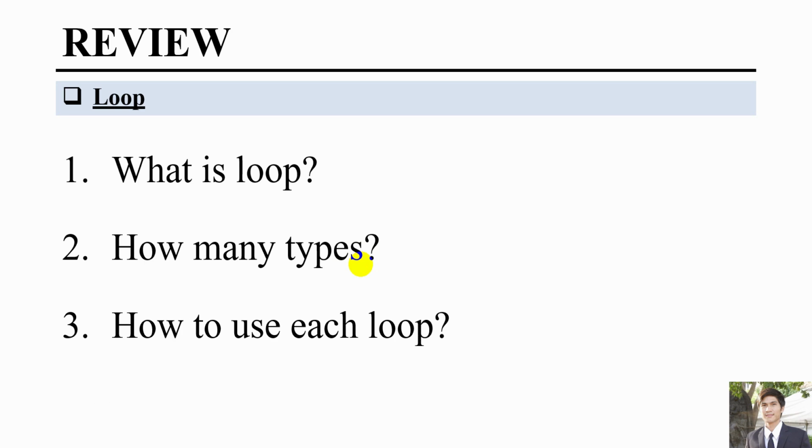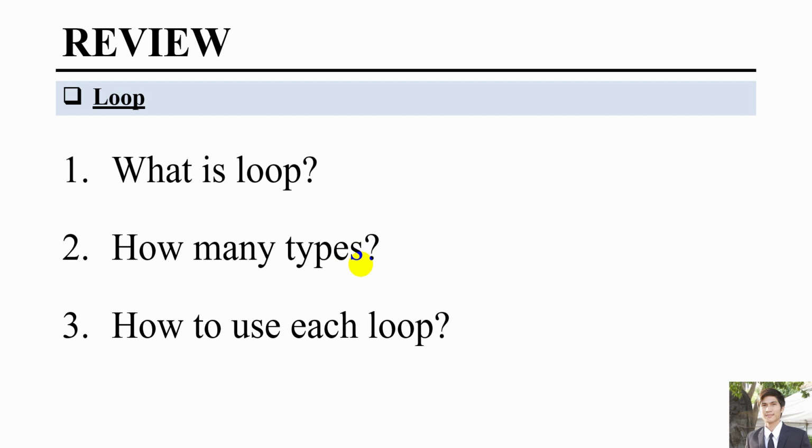So what is a loop, do you know how many types there are, and how to use each of them? A loop is used to store the command that we can use to repeat our code, running again and again until a certain condition is met.